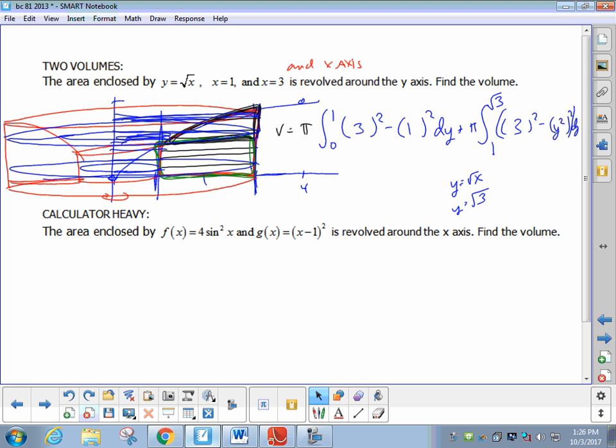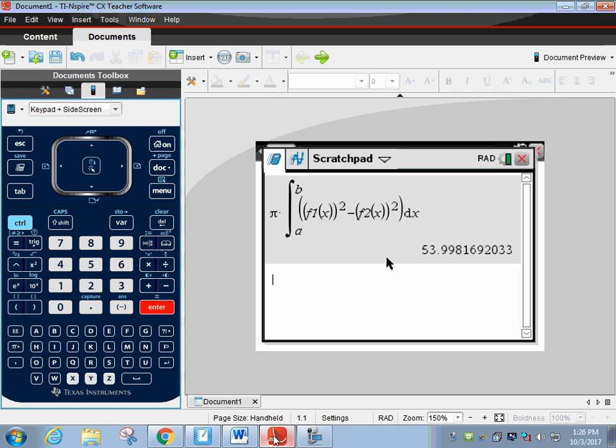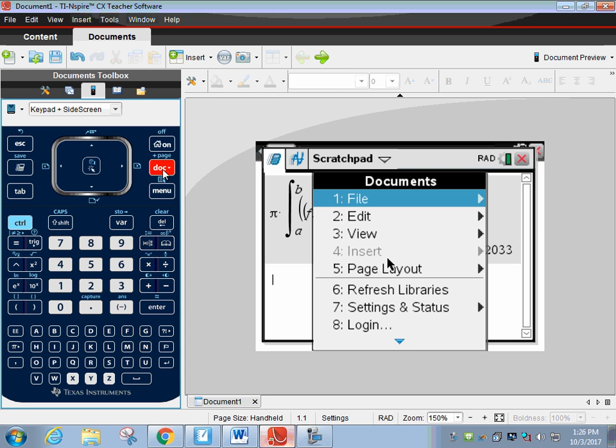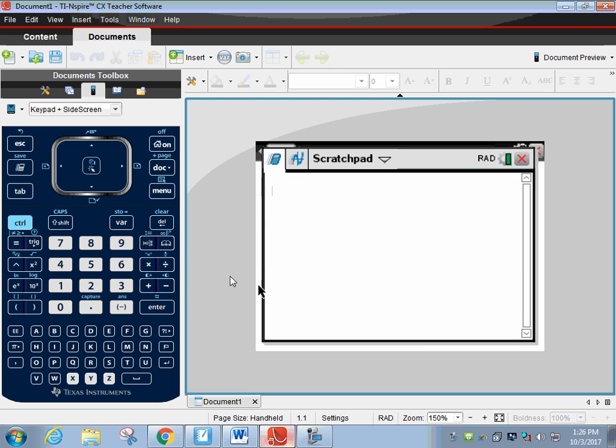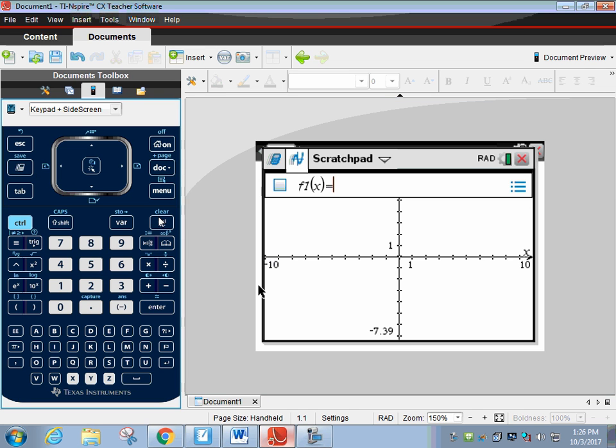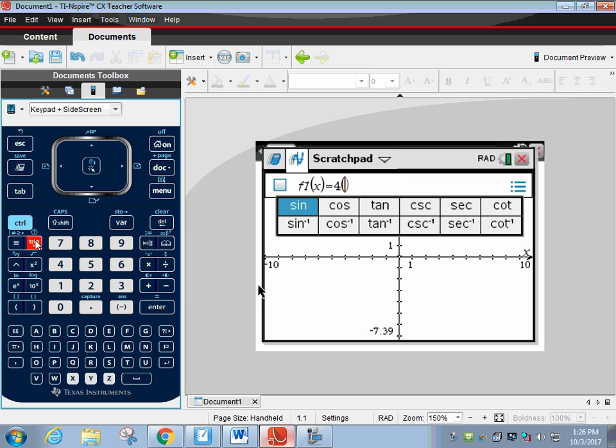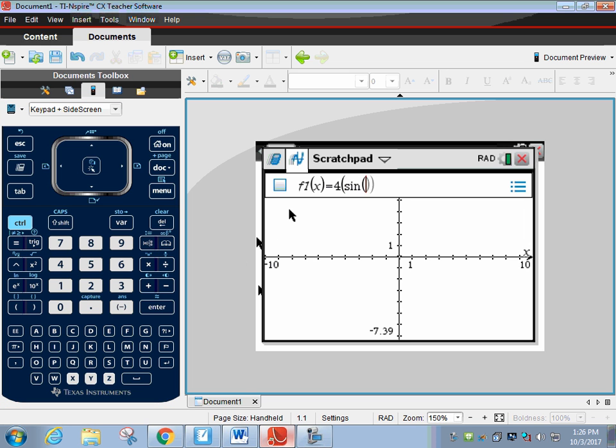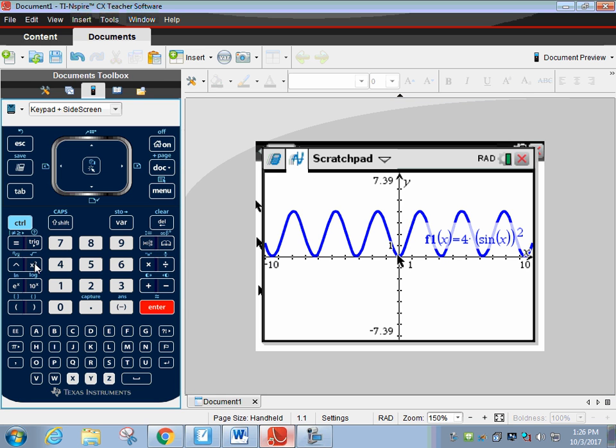Would you please pick up your calculator and enter that pair of functions, f and g, into your calculator. And I'm going to clear this out. The functions. What was it? 4 sine squared, is that right? And what else?